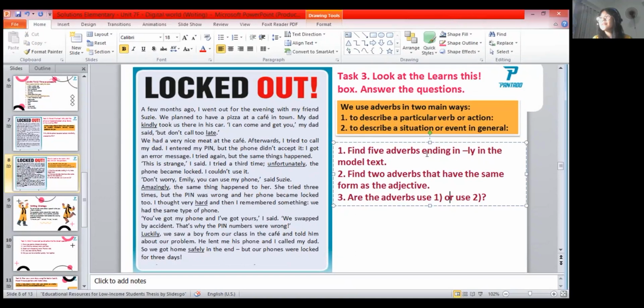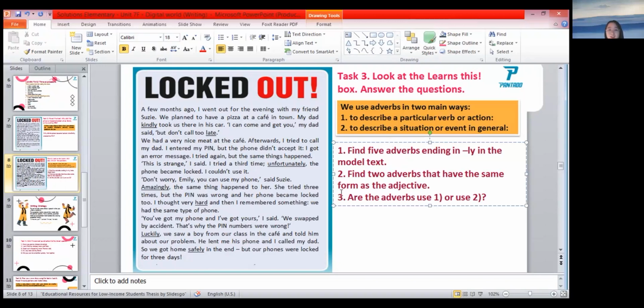The adverbs use one: kindly, and late, and hot and hard. That's right.